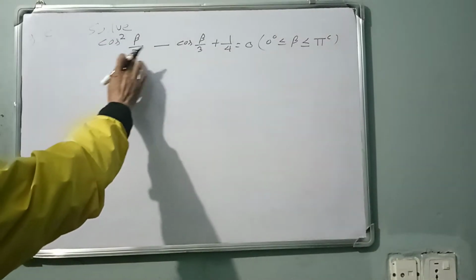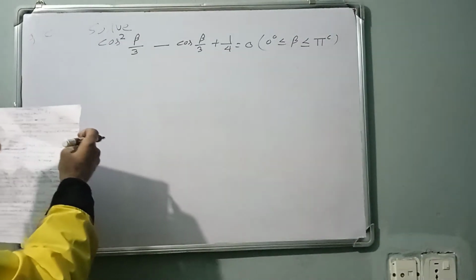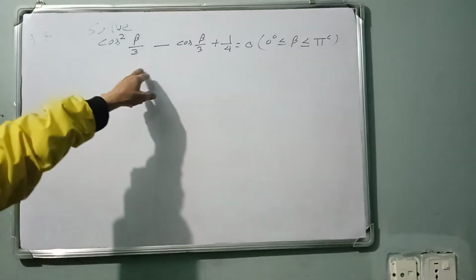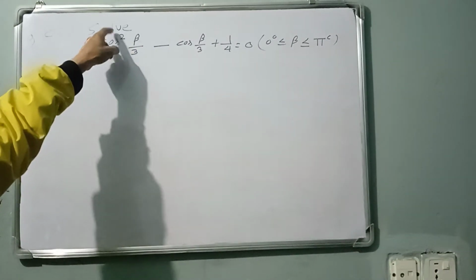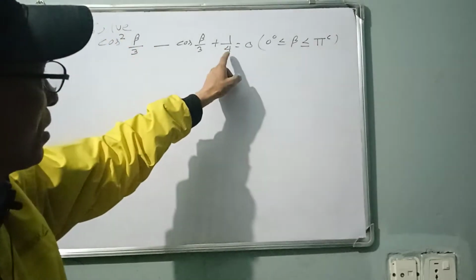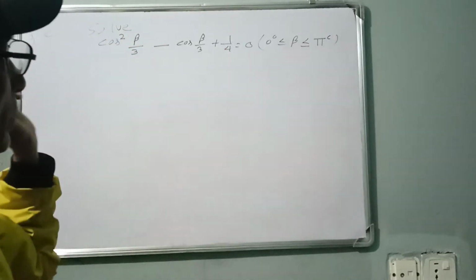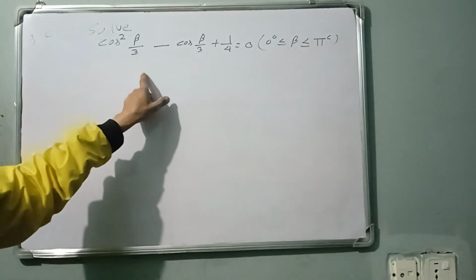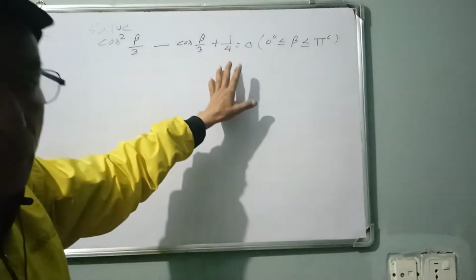See, cos square beta by 3 minus cos beta by 3 plus 1 by 4. What form is this? Yes, there is a square, and 1 by 4 is also in square form. Remember, this is done without taking LCM.